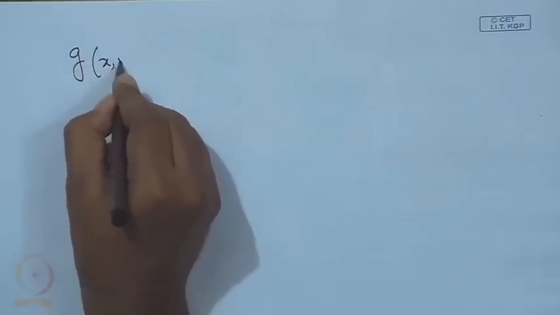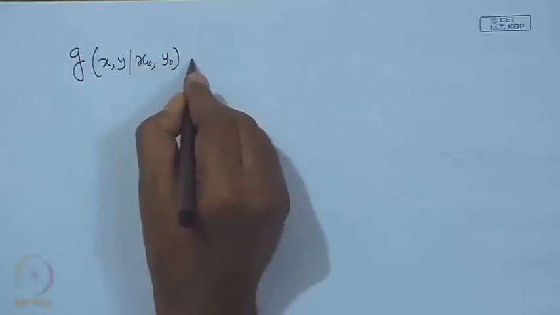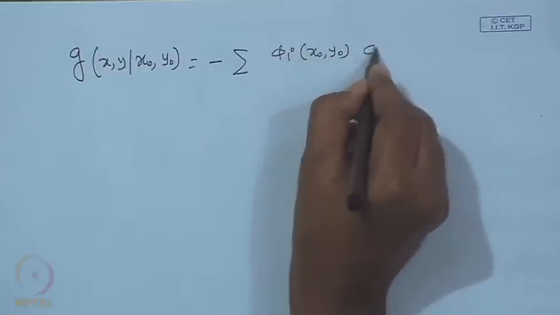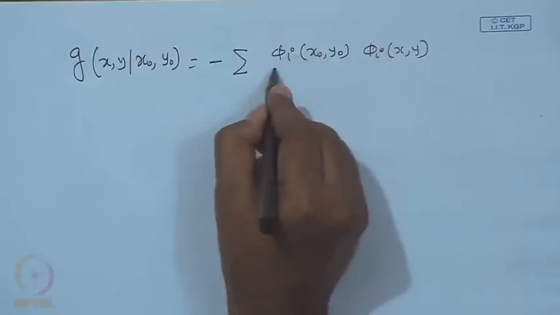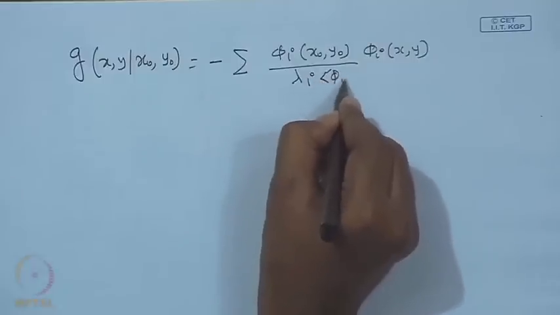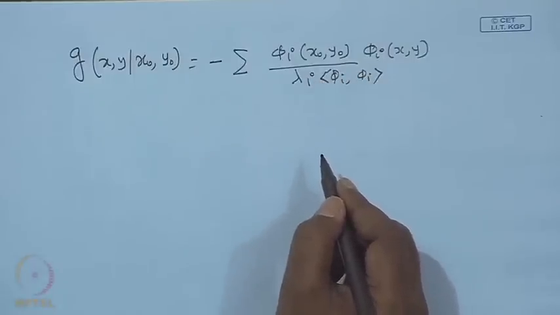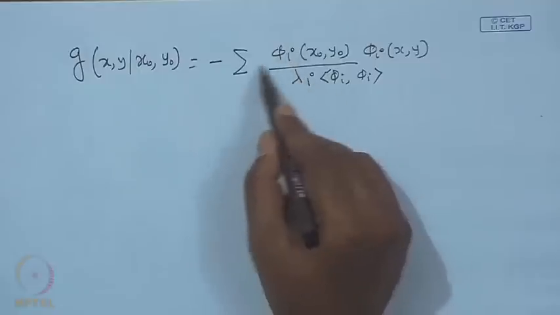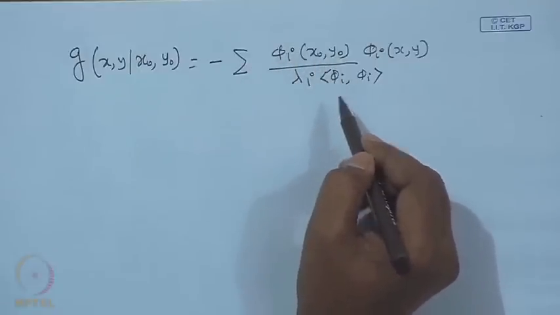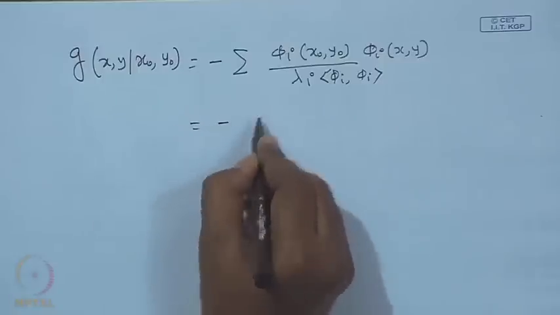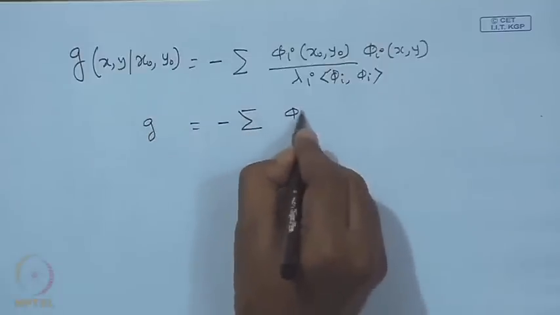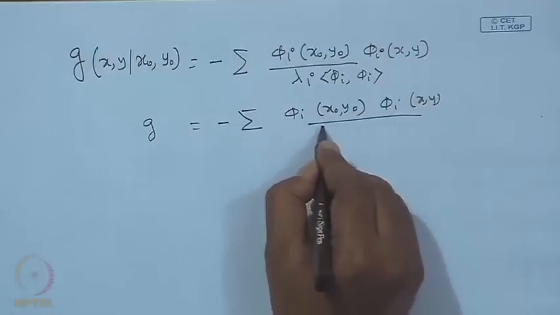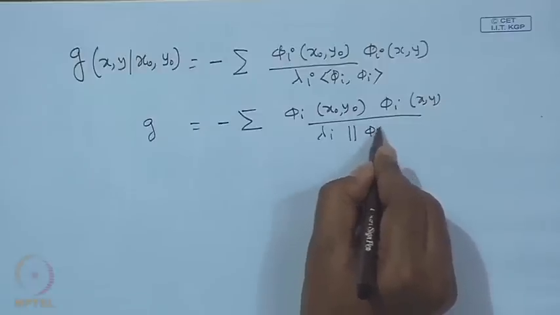G of x y slash x naught y naught is equal to minus the summation of phi I x naught y naught phi I x y divided by lambda I times the inner product of phi I with phi I. So, we substitute the inner product of G and phi I by this expression, minus phi I x naught y naught divided by lambda I, and this is nothing but the norm of phi I. Therefore, the expression of G becomes the summation of phi I x naught y naught phi I x y divided by lambda I times the norm of phi I squared.